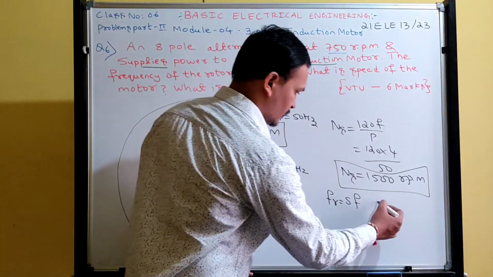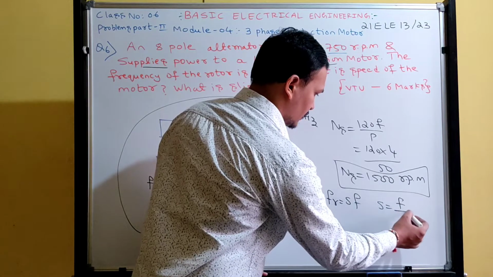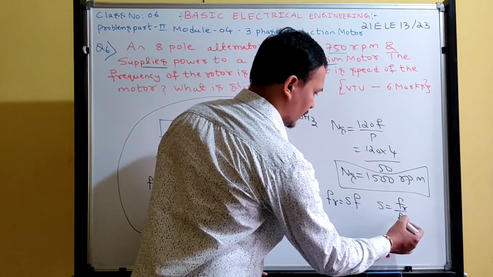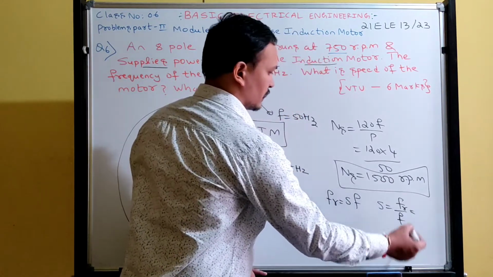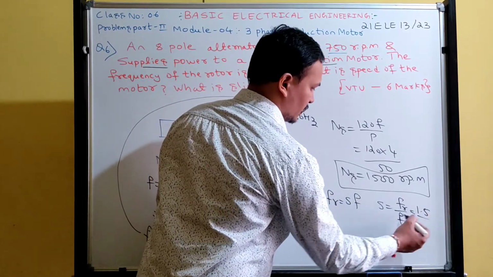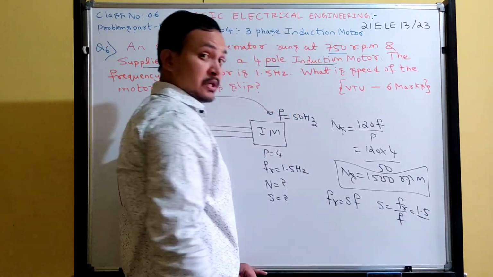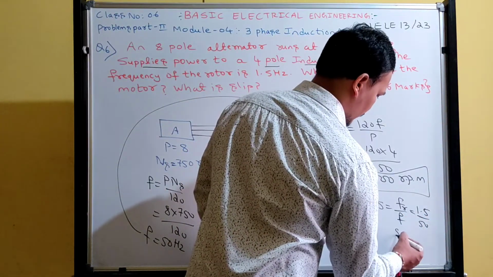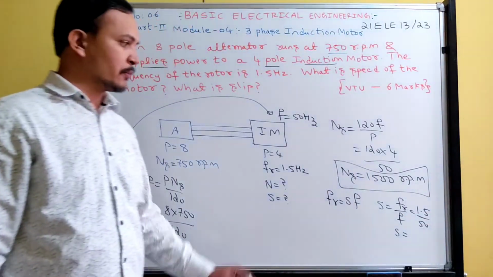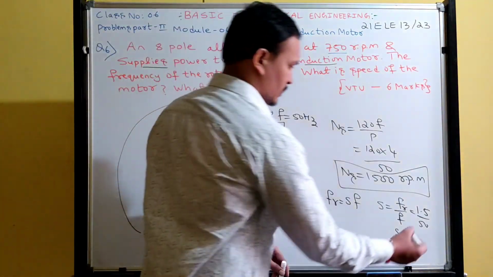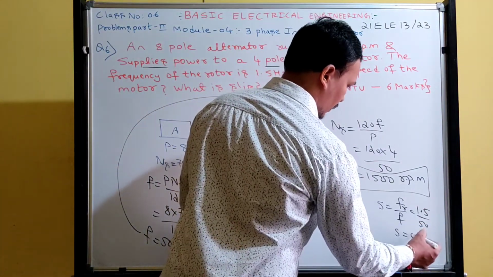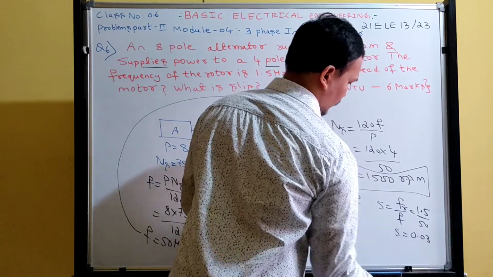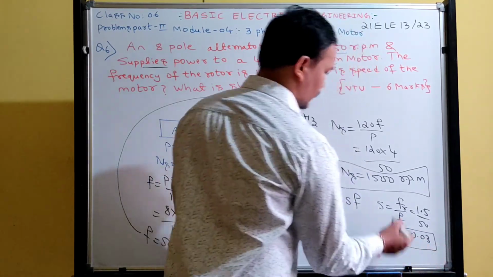So slip is equal to fr by f. What is the rotor frequency? 1.5. What is the supply or stator frequency? 50 Hertz. What is the slip value? 1.5 divided by 50. How much do you get? Very good, 0.03. This is the value of slip.